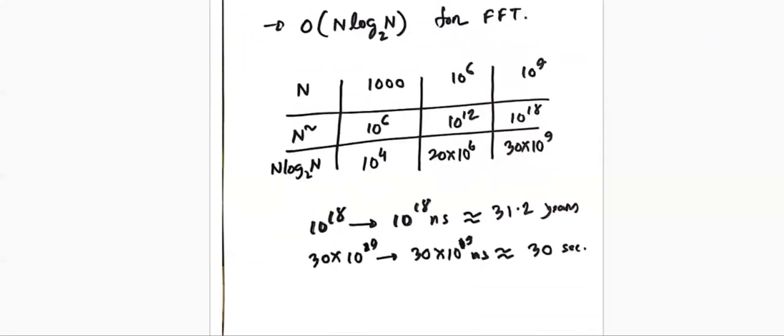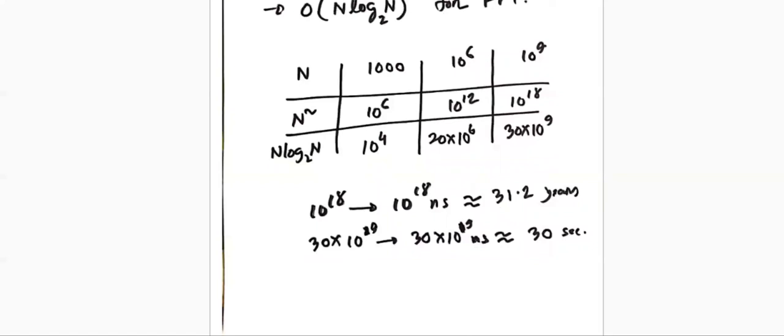With an example, we can understand how fast it is. Let's say we have the number of samples equal to 1000. In that case, conventional DFT takes 10 to the power 6 multiplications. They need this number of multiplications.